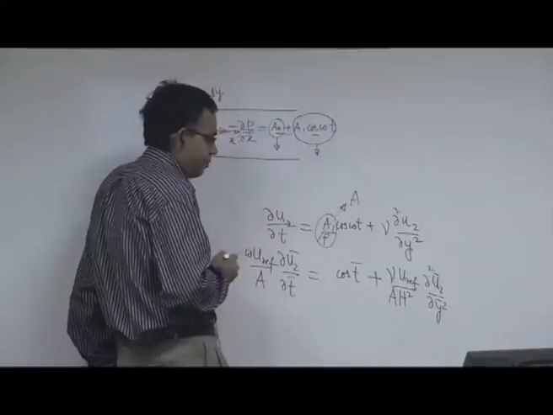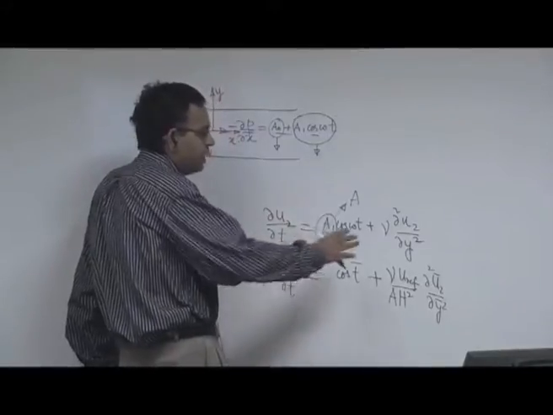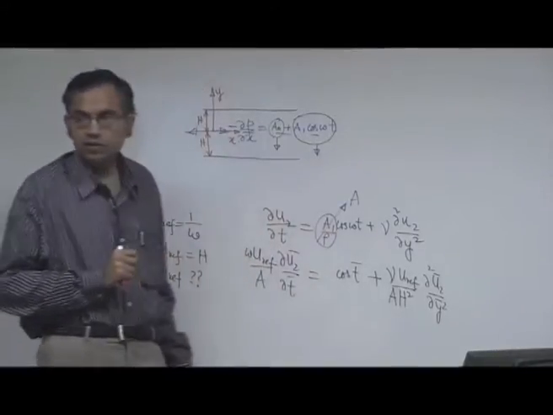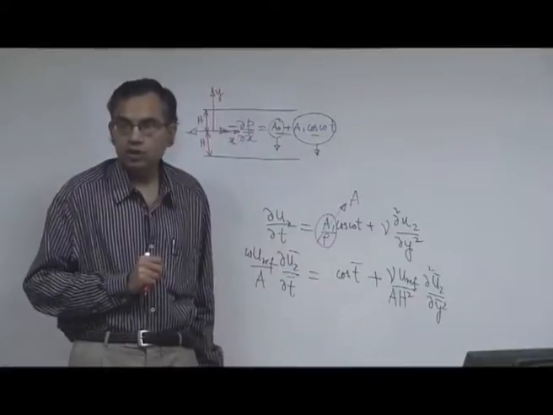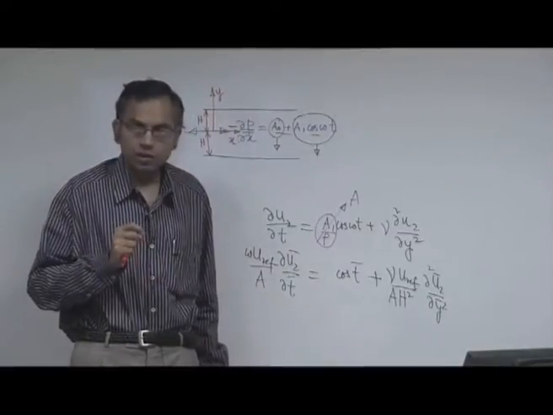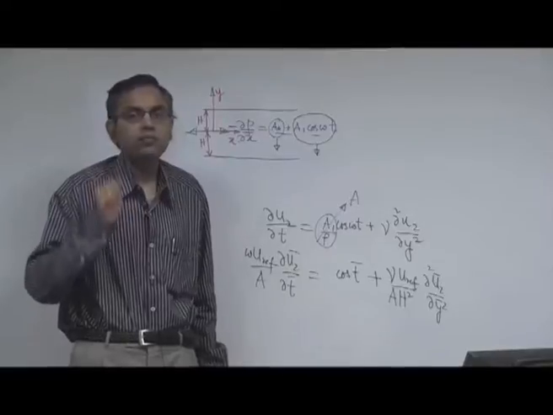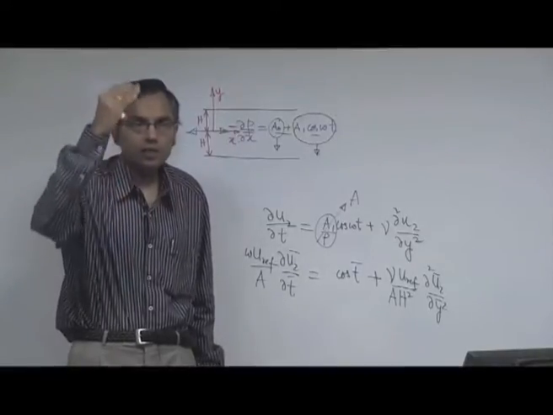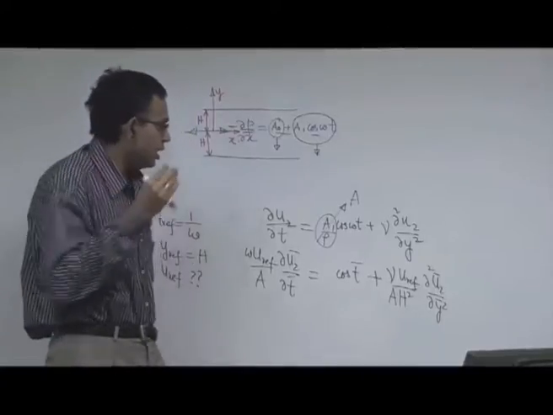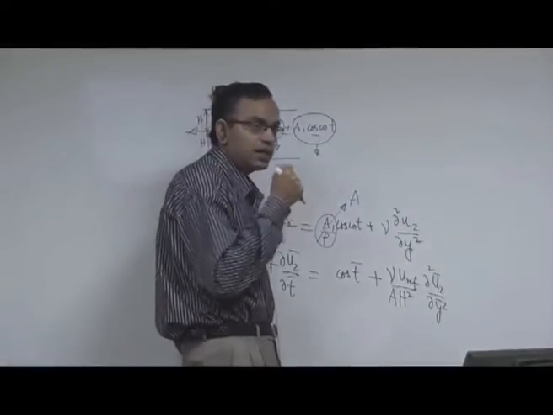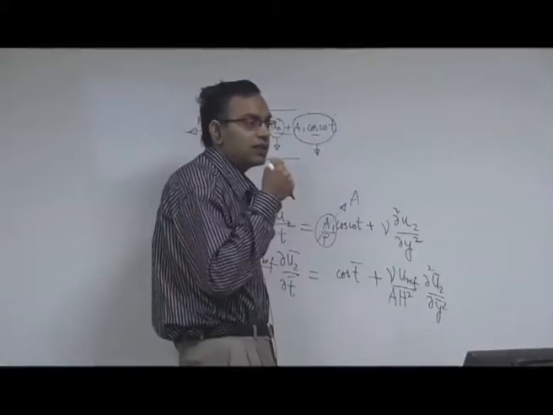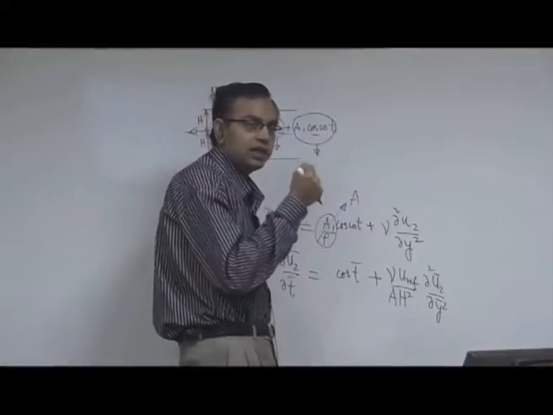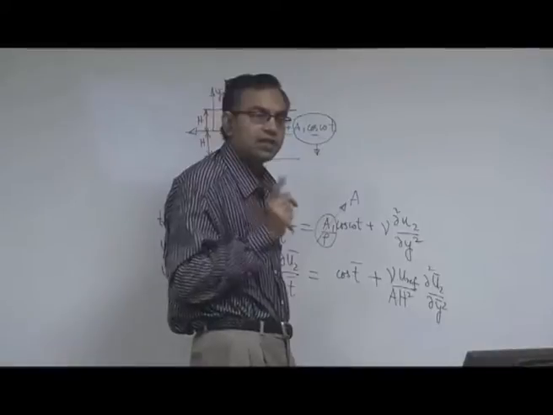Now tell me, out of these three terms, what are the terms which you expect to be always important in terms of priority? If you are interested to see what is the influence of an oscillatory pressure gradient, then the oscillatory component of the pressure gradient has to be important.